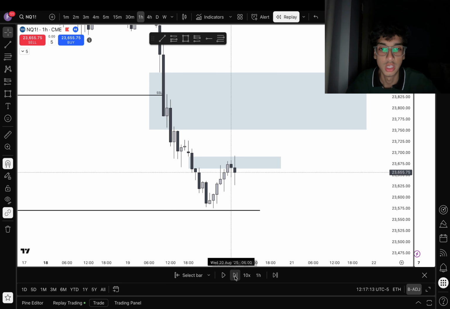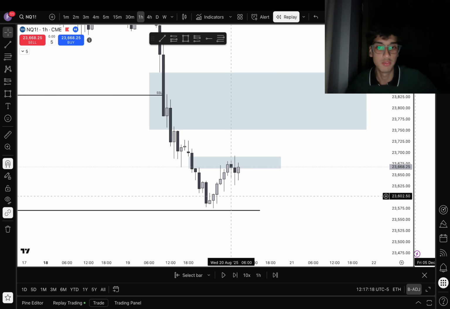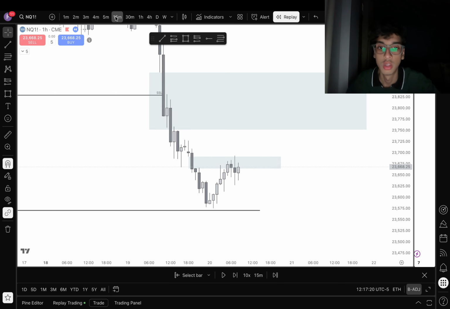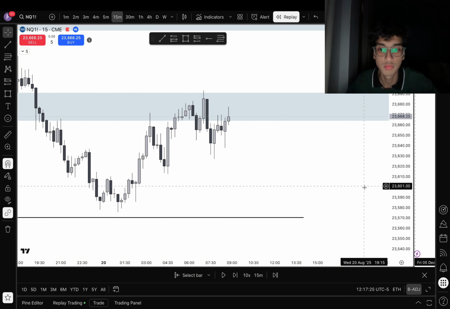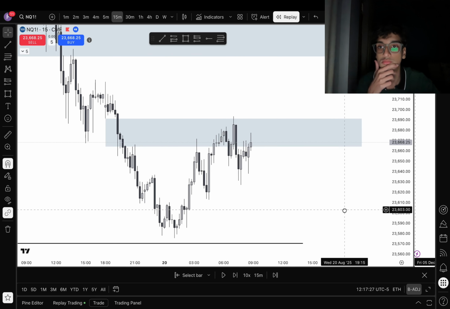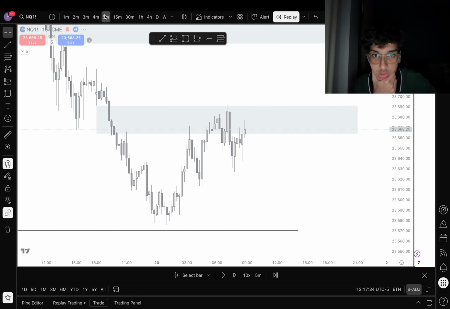Okay, 8 to 9 we actually have. Inside this 1 hour inefficiency, give a nice push toward these lows.